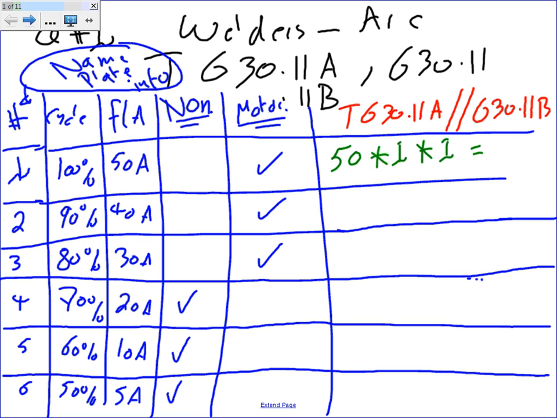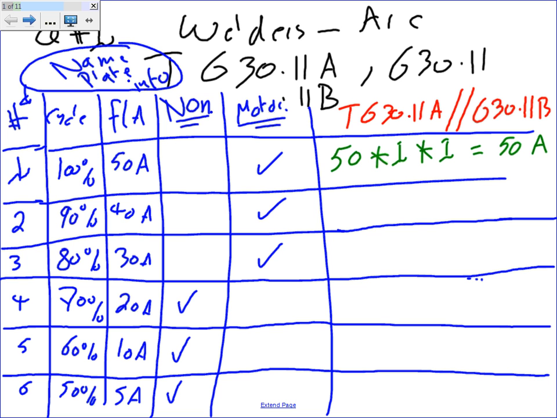So the answer here should be 50 amps. Any question on where the first one came from and where the second one came from? What does the first one mean? The second one means the cycle.